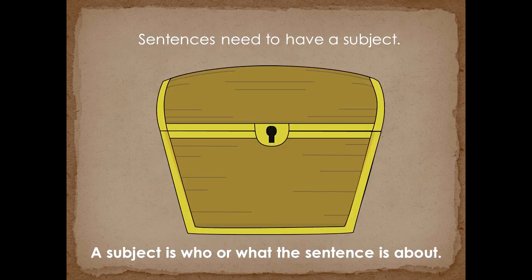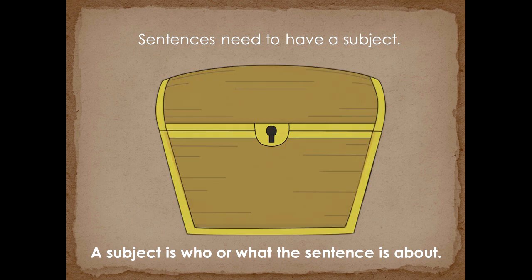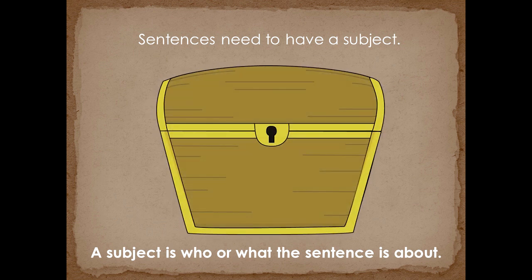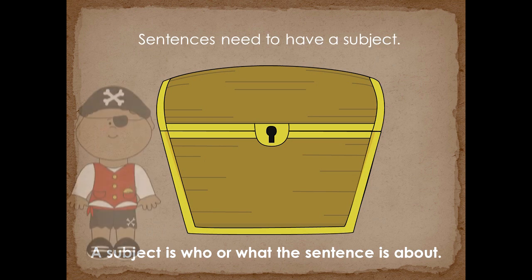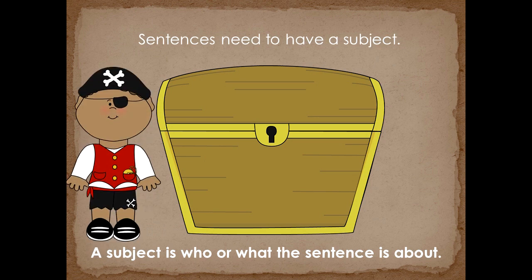Well, today's learning treasure is that sentences need to have a subject. A subject is who or what the sentence is about. Like a sentence could be about a pirate, and that would be who the sentence is about. Or a subject could be the parrot, and that would tell us what the sentence is about.